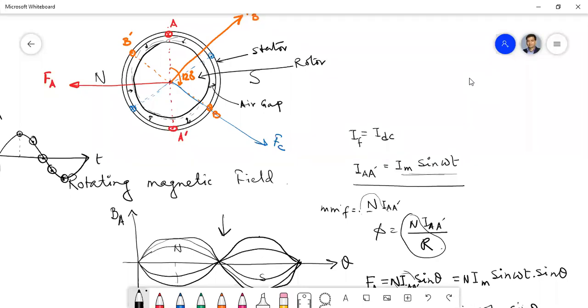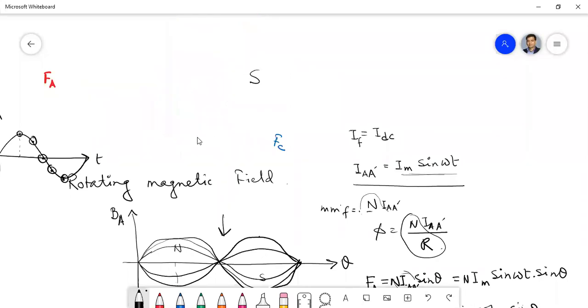Now this resultant field will be at the air gap. So at the air gap, if you measure the field, you will experience a rotating magnetic field over there. Now the stator construction I have already described a little bit, but not exactly the schematic one.